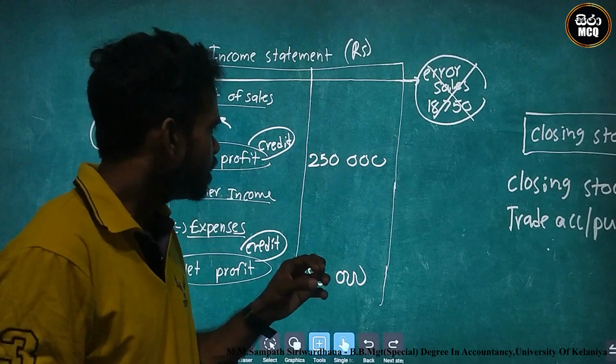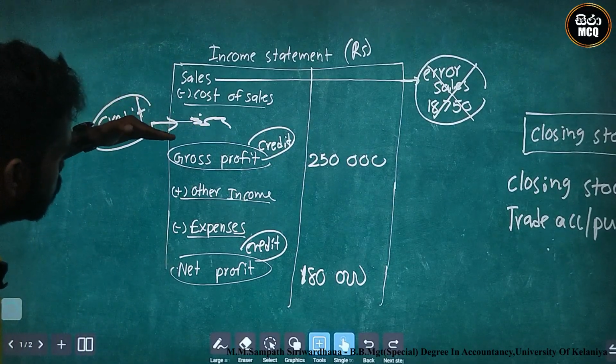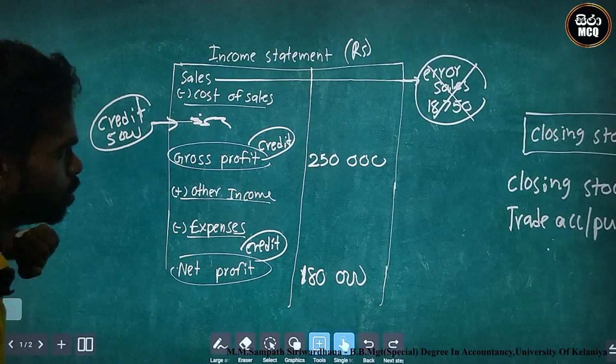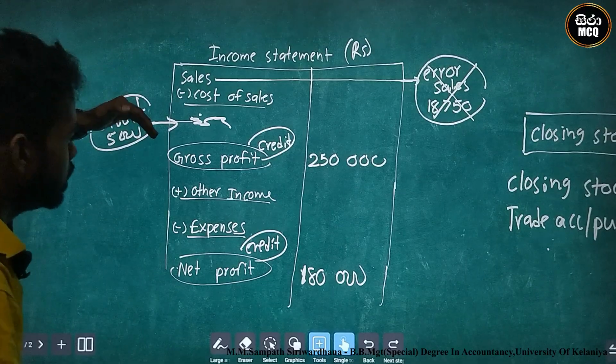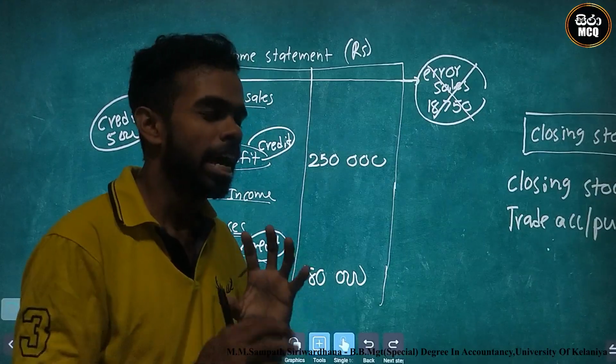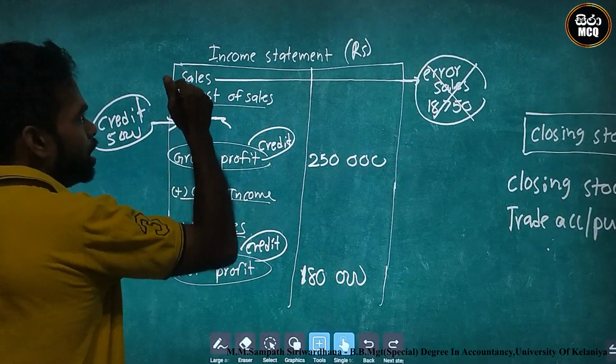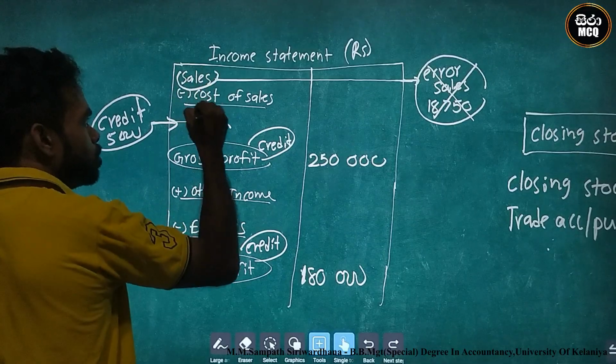Okay, in that case, this impact is on top of the gross profit. Therefore, the gross profit must be adjusted. Why? The gross profit is calculated from sales and cost of sales.